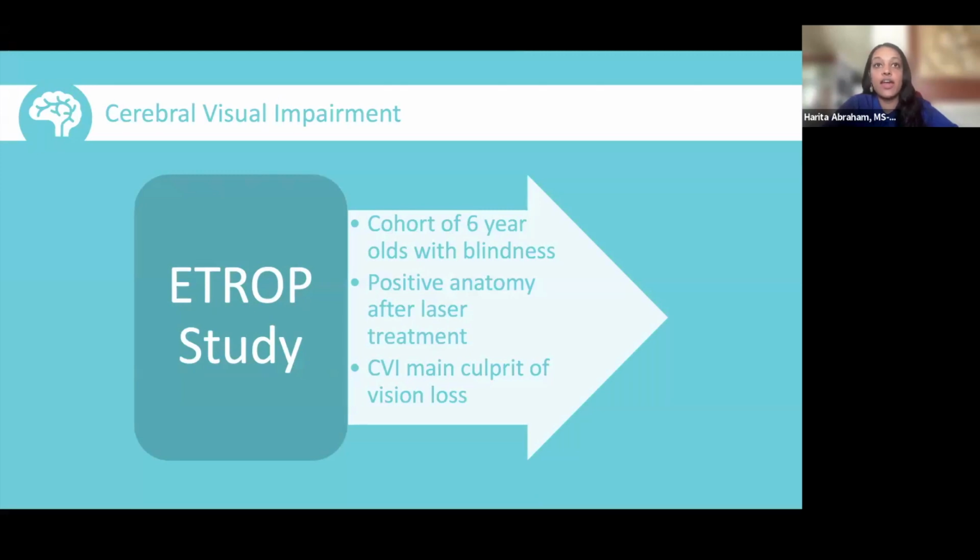They had undergone that laser treatment that I mentioned earlier to get rid of abnormal blood vessels so that their eyes looked great. But cerebral visual impairment, lesions in that processing center, was the main culprit for their vision loss. So it didn't matter that we were able to fix the anatomy of their eye. Something happening in their brain or in their brain development is what was responsible for them essentially not being able to see.